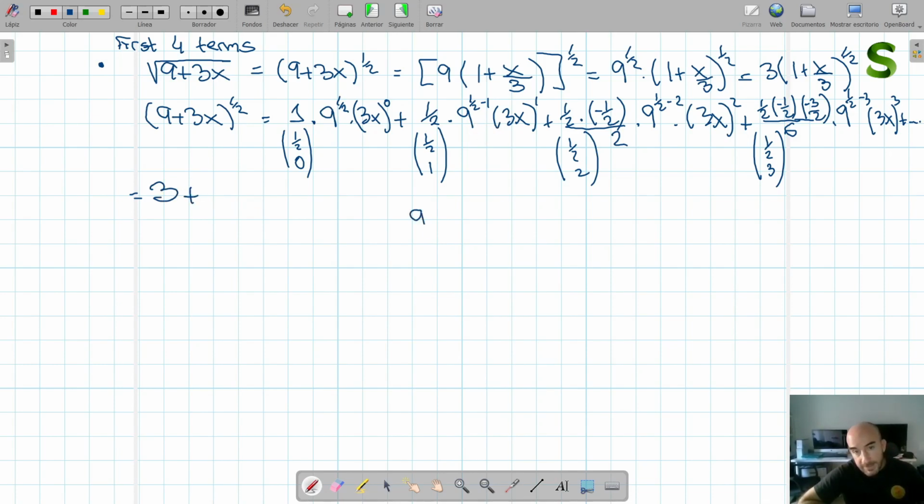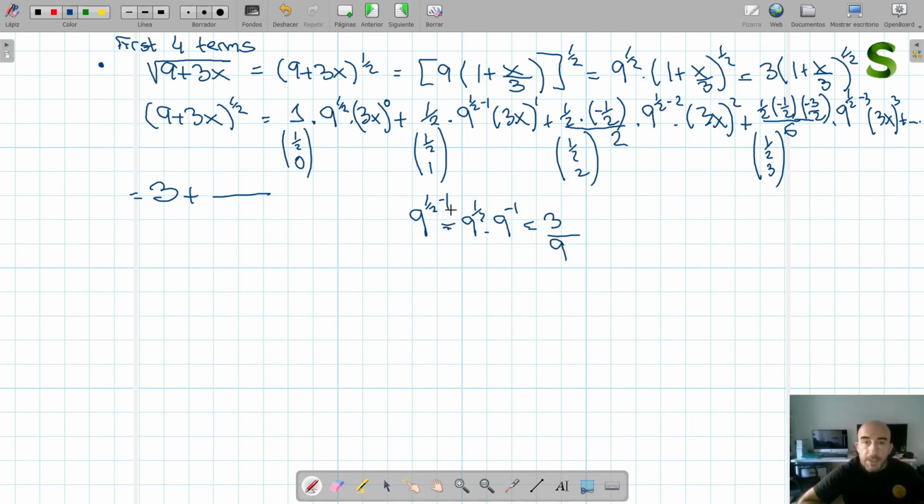Now, I'm going to write 9 to the power of 1/2 minus 1 as 9 to the power of 1/2 times 9 to the power of minus 1. I'm going to leave 9 to the power of 1/2, which is the square root of 9, which is 3, on the numerator, and 9 to the power of minus 1 I'm going to write as 9 in the denominator.